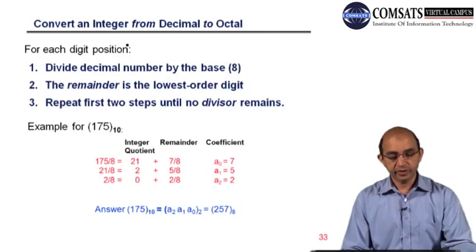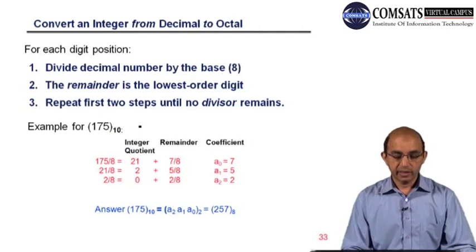So here we have to convert an integer from decimal to octal. We have the decimal number, and we need to convert that decimal number into an octal number. So 175 base 10, the target base is 8, so we will be dividing by 8. Quotient, remainder, that 21 will move here.